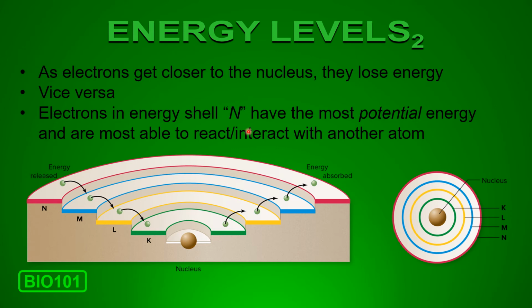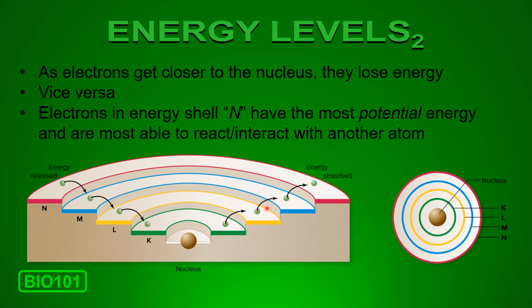So in the situation here, here's the nucleus, and as an electron moves further and further away, here's K, L, M, N. As the electron moves further away from the nucleus, energy is absorbed, and the potential energy this little electron has is greater than the energy it had when it was down here.